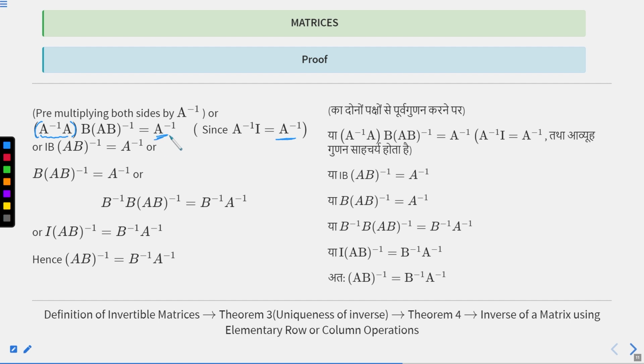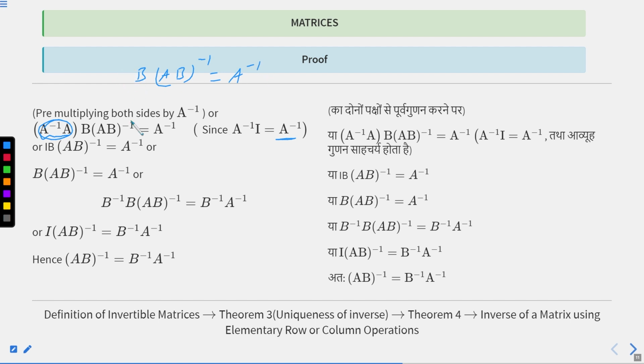So this means this. And this will be what? As A is invertible, A inverse A is the identity matrix. So now what is written over here? This will be I, and B is already there. So I B (AB) whole inverse is equal to A inverse.